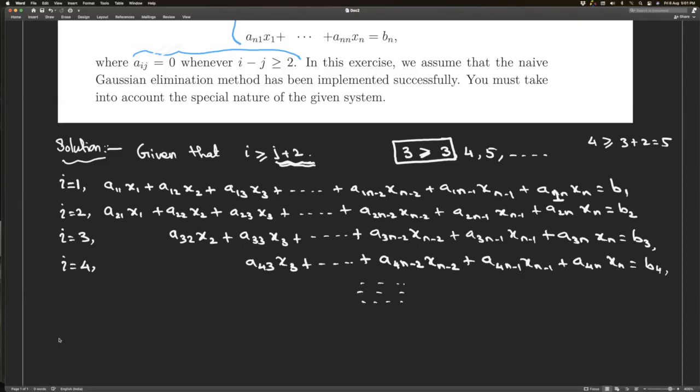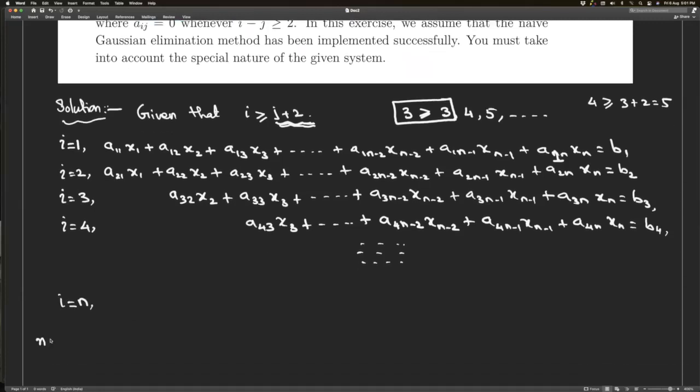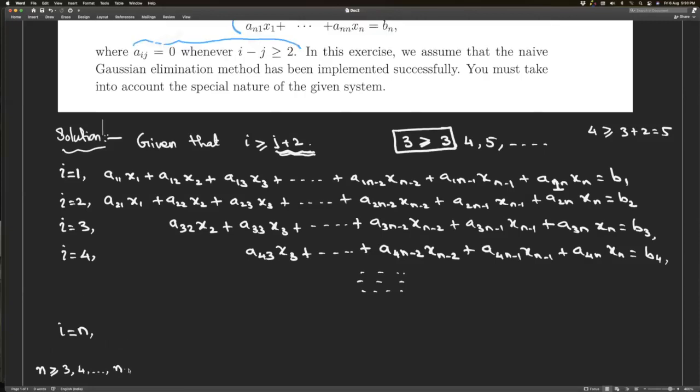When you come to the last equation, i is equal to n, you can see that n is greater than or equal to j plus 2: when j equal to 1, it is 3. When j equal to 2, it is 4 and so on. When j equal to n minus 2, you have n minus 2 plus 2, which is n. And then n minus 1 plus 2 is n plus 1.